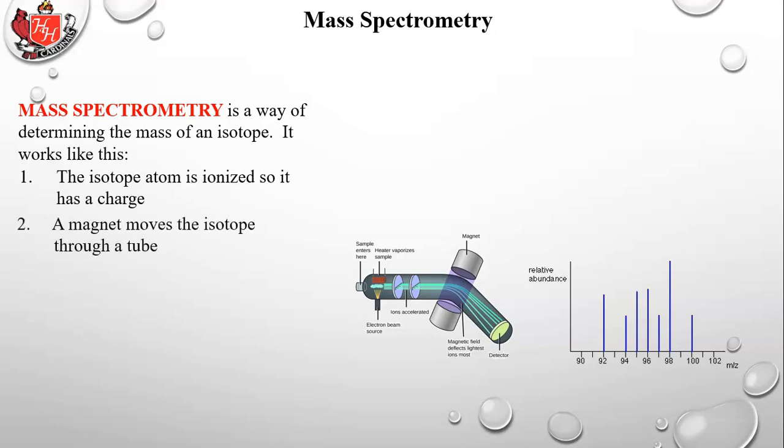You need to either add or subtract some electrons. Then two, the magnet moves the isotope through a tube. Where it says ions accelerated, those are basically magnetic plates, and what they're going to do is cause the ion to move through them. They're magnetized in a way that will cause the ions to move.